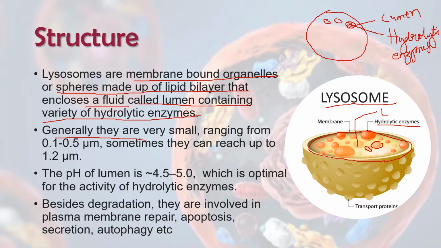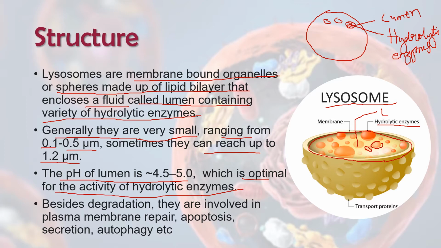Generally they are very small, ranging from 0.1 to 0.5 micrometer. Sometimes they can reach up to 1.2 micrometer in diameter. The pH of the lumen is 4.5 to 5, which is optimal for the activity of the hydrolytic enzymes.